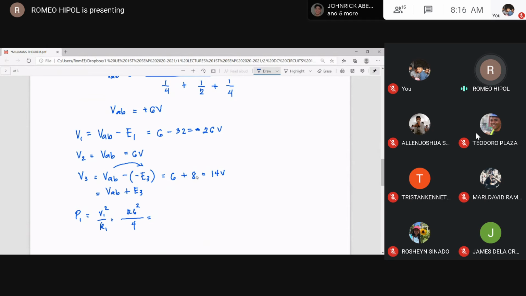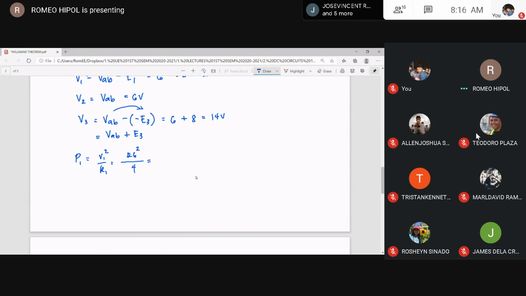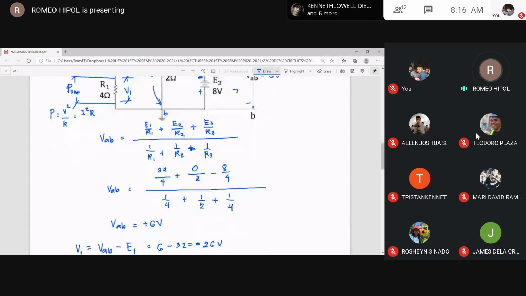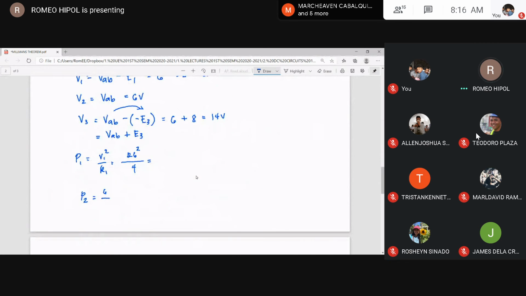So this is our equivalent in watts. Then for P sub 2, 6 divided by 2. For P sub 3, 14 squared.